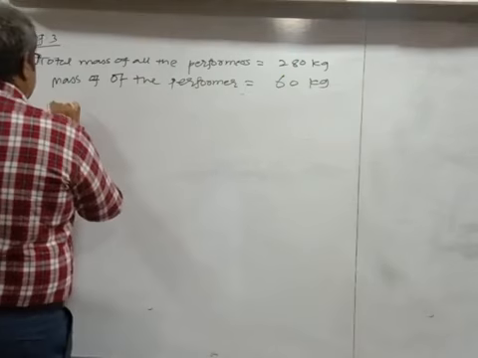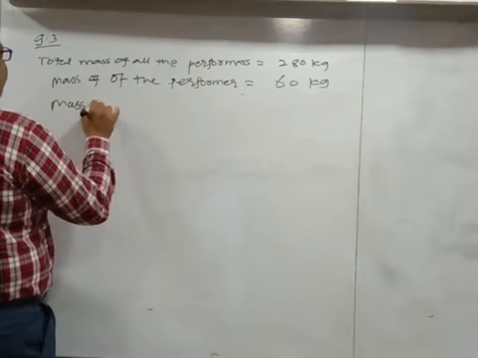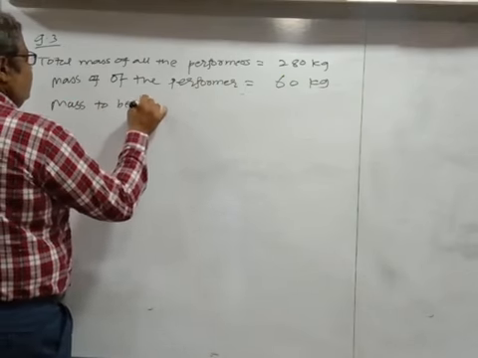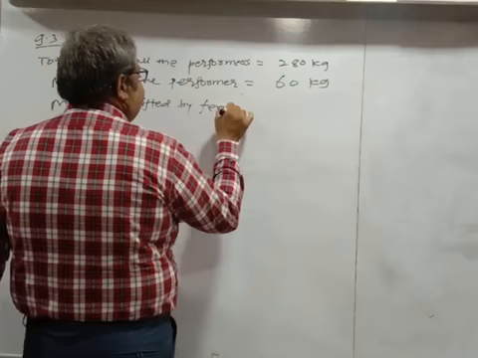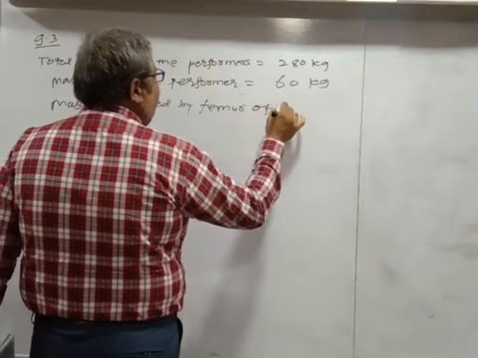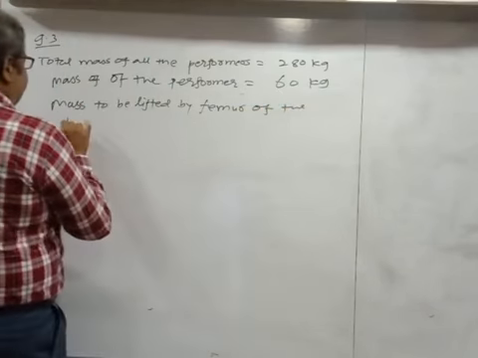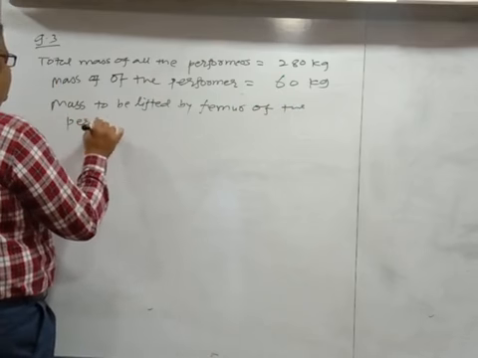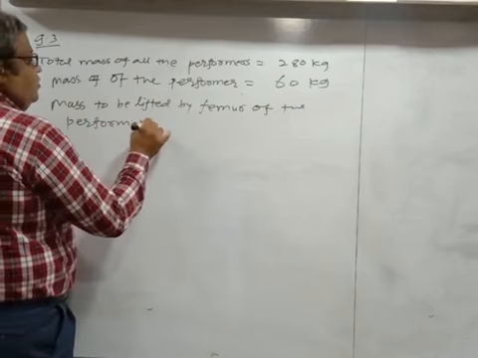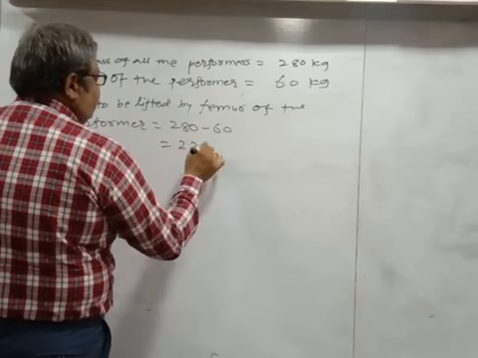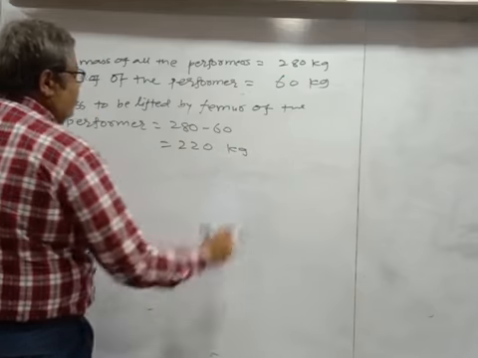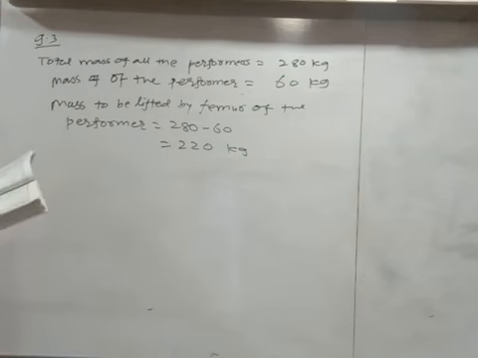So the mass to be lifted by the femur of the performer who is lying on his back is 280 minus 60. So it is going to be 220 kg.